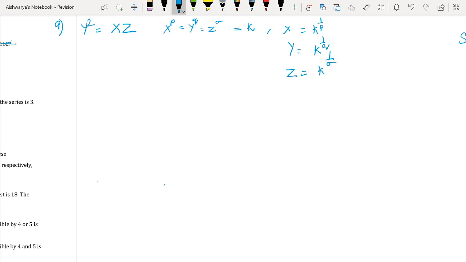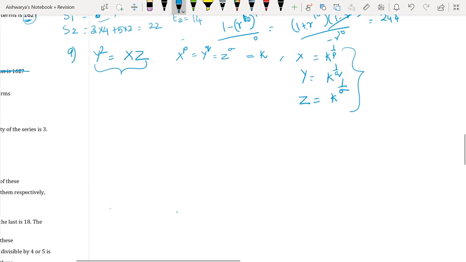Now using this result, we know that y square is equal to xz. Everything we will write in terms of k. So y square will be nothing but k power 2 by q. This is equal to x into z, which is k power 1 by p into k power 1 by sigma. It's a multiplication, so you will add the powers. When we add the powers, the base you will eliminate.